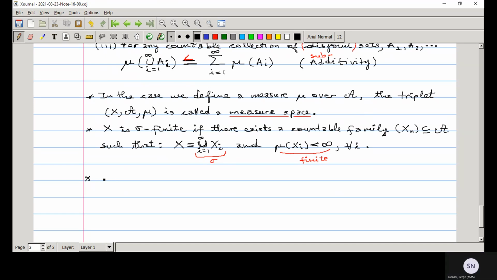A set E, element of A, that is a measurable set with a property that mu of E is 0.